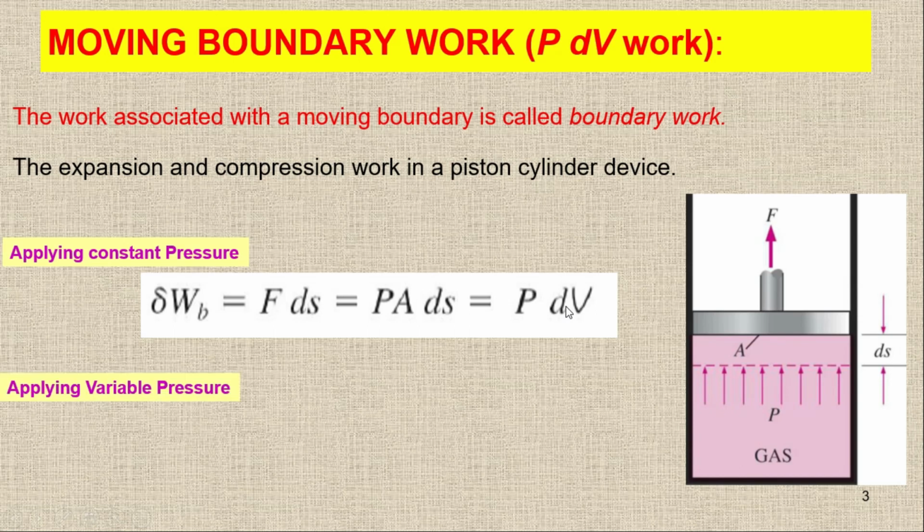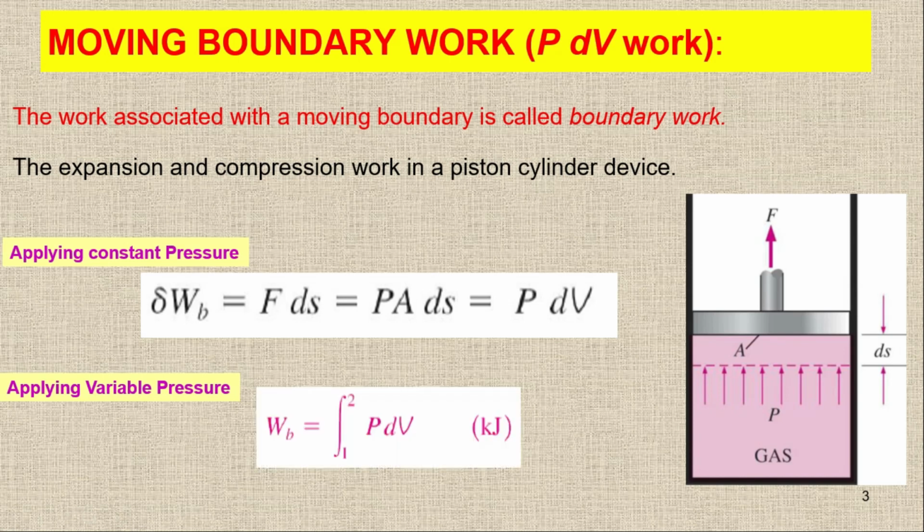But if we have a variable pressure, if the pressure is going to change, then to find the work you have to integrate it between two states. So normally the boundary work is equal to the integral of P dV from state 1 to state 2.